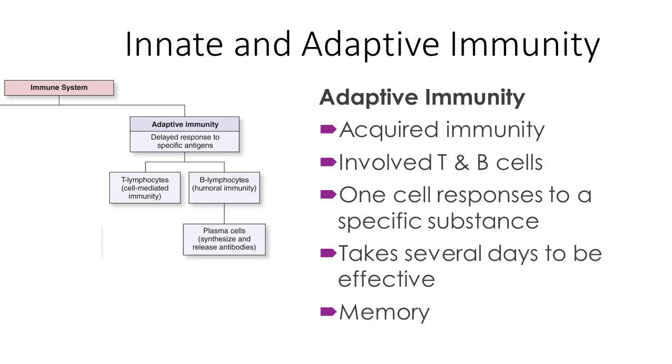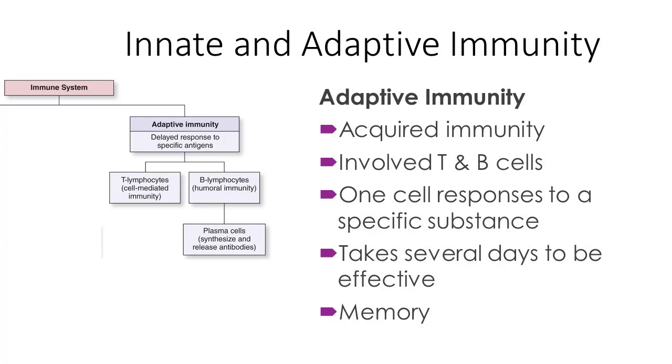And it doesn't take a bunch of cells. One cell is going to respond to one specific antigen. And when that one cell responds, it's going to start cloning itself and making more and more and more. It's like the Clone Wars in Star Wars. I got a Star Wars reference in. You're making a lot of the same army, a lot of the same soldier to do the fighting against that one specific pathogen.